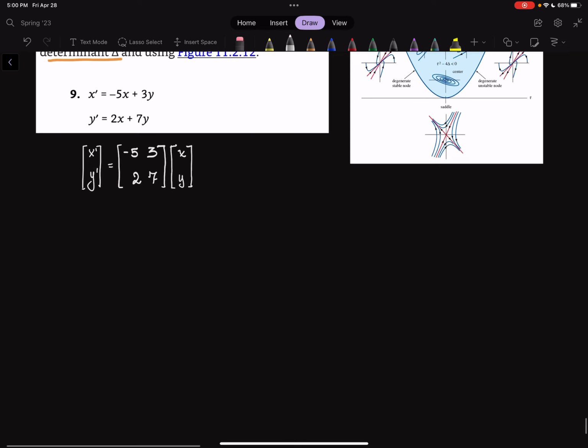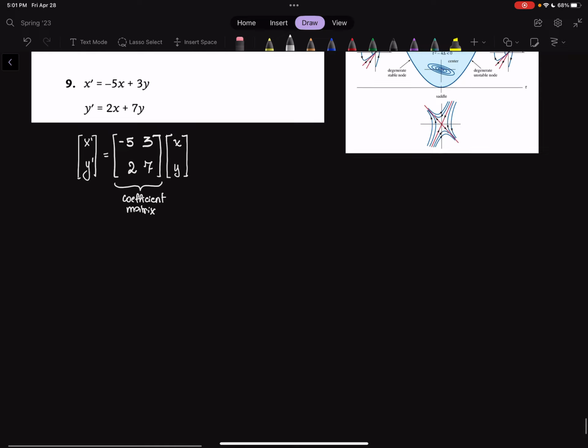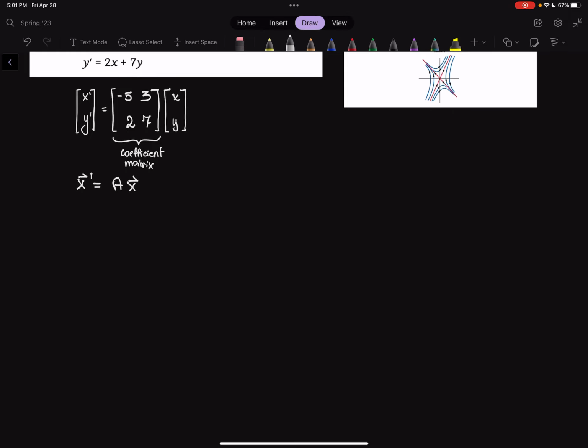Now that we have this, this is the coefficient matrix that we're interested in. If you need a little bit of a review, just remember that this really looks like this system over here, which we solve by finding the eigenvector. This is the eigenvalue problem.